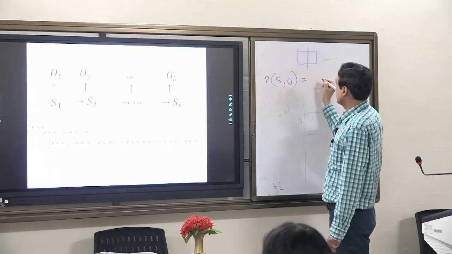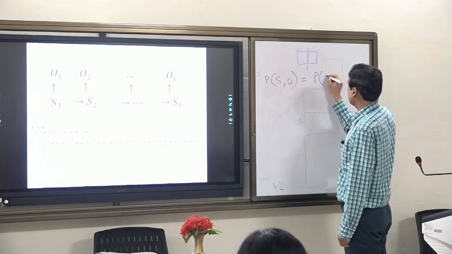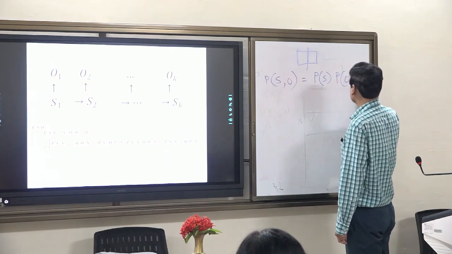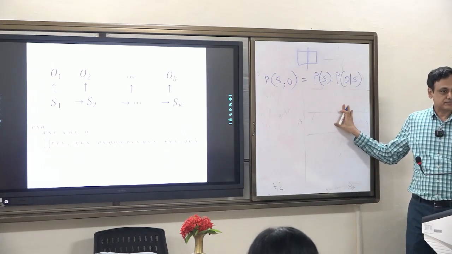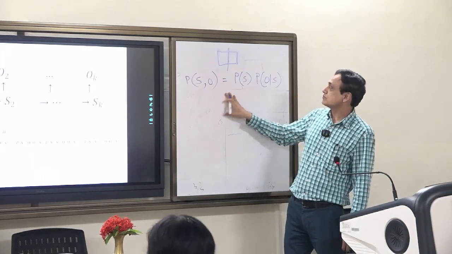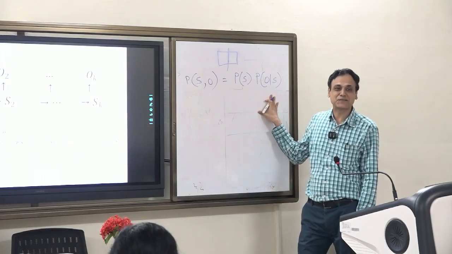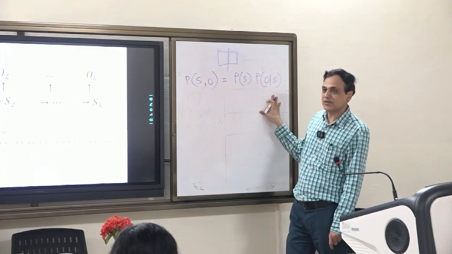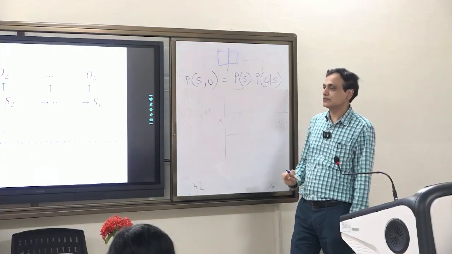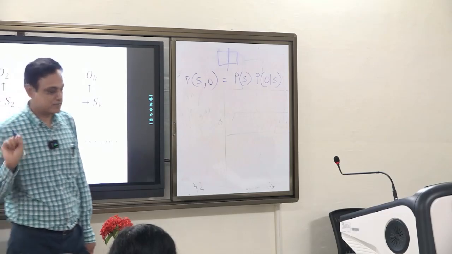So I'm just factorizing it: probability of S multiplied by probability of O given S. So joint probability is equal to marginal probability multiplied by conditional probability. Okay. I will not go into everything, but you can explore this further. So joint probability can be written as a product of marginal probability and conditional probability.